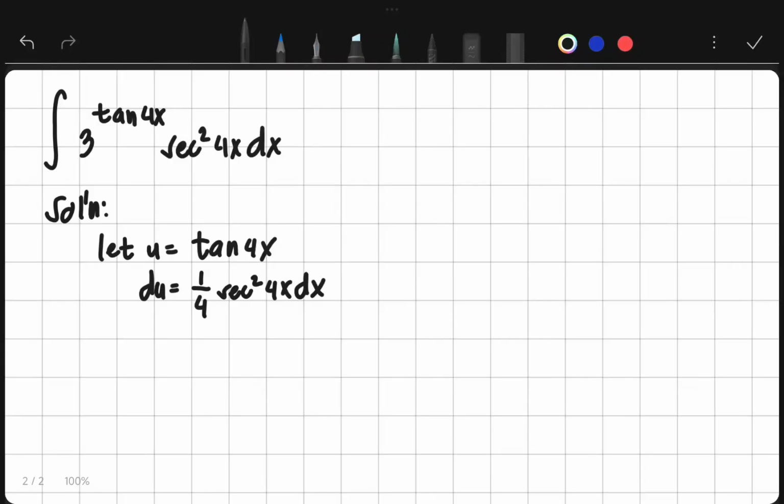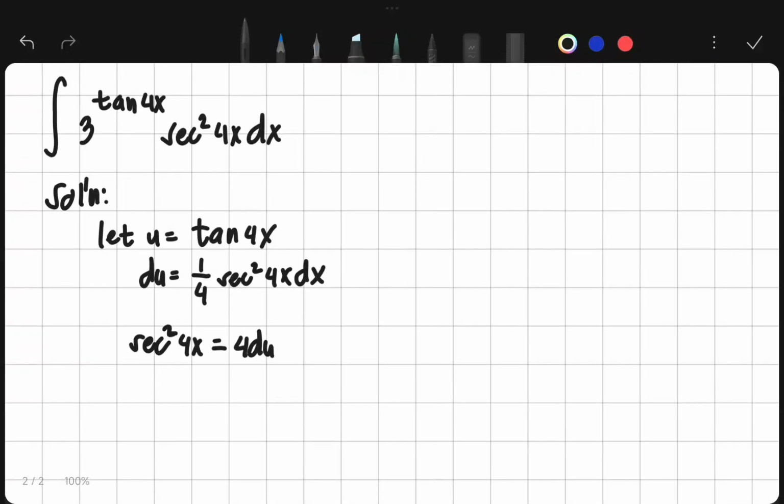And since our integrand only contains this secant squared, and here we have 1/4, we need to eliminate that 1/4 so that we can isolate the secant squared 4x dx. So I can multiply both sides by 4, so that if I solve for secant squared 4x dx, it is simply equal to 4 du.